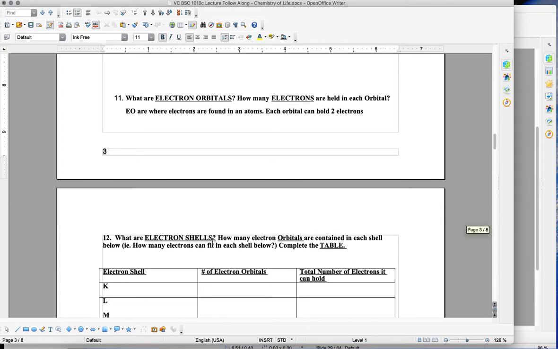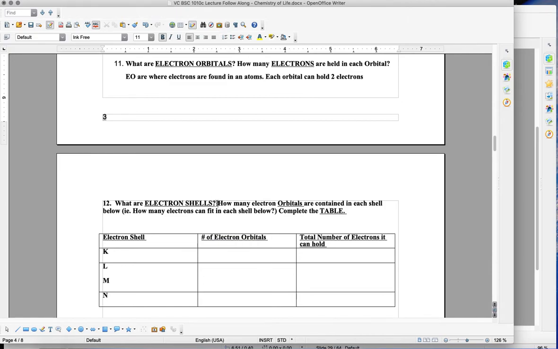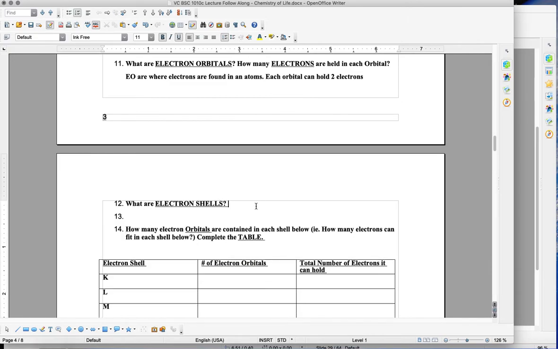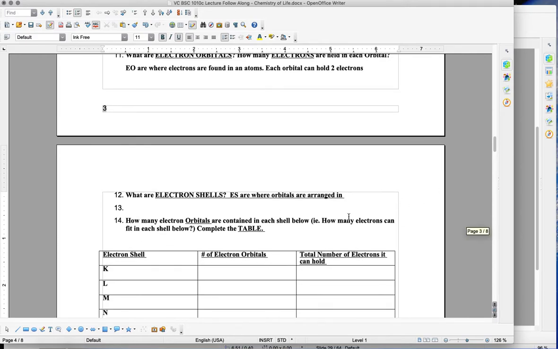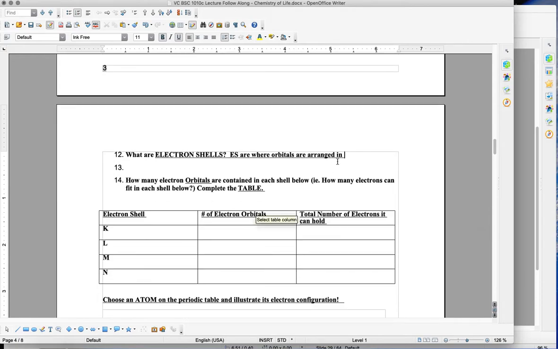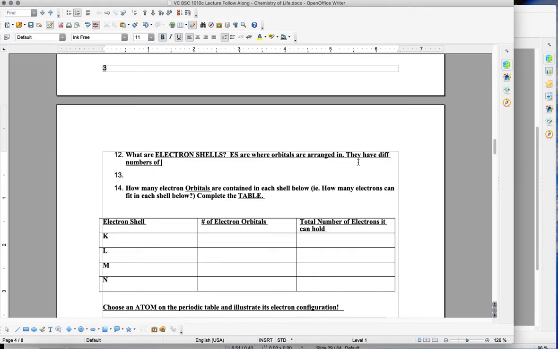Okay, and then what are electron shells? Electron shells are where orbitals are arranged, and they have different numbers of orbitals.